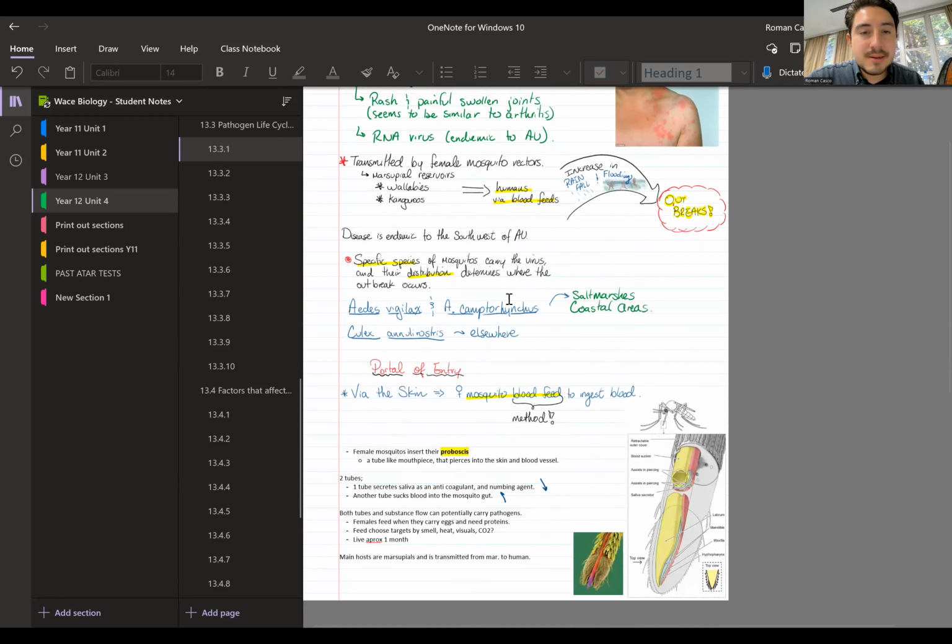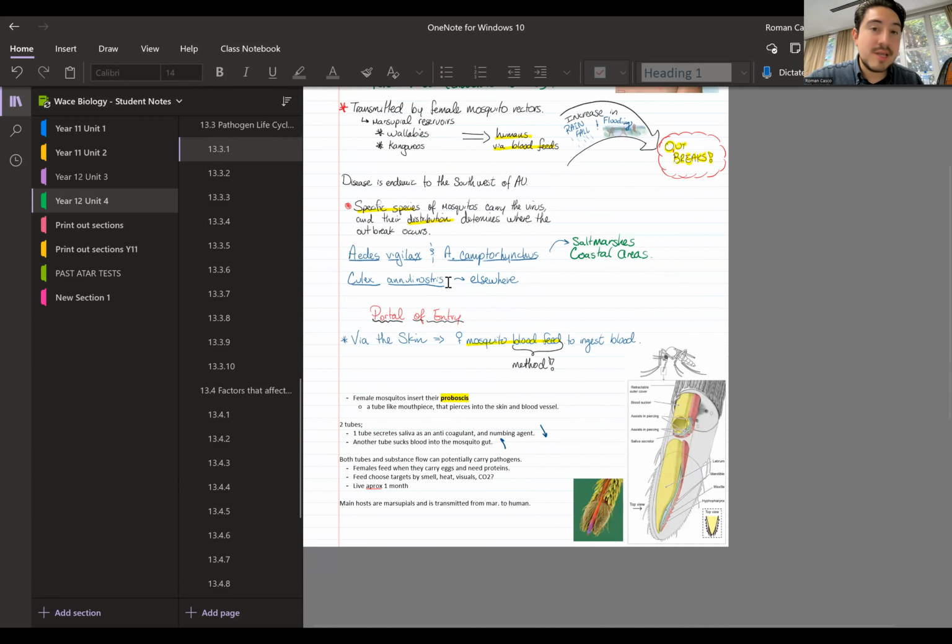There are particular species compatible with the pathogen to transmit it to susceptible hosts, to humans, which is Aedes vigilax or Aedes camptorhynchus, more particular to Australia in salt marsh and coastal areas. And then you have a more common, widespread species, which is the Culex genus.